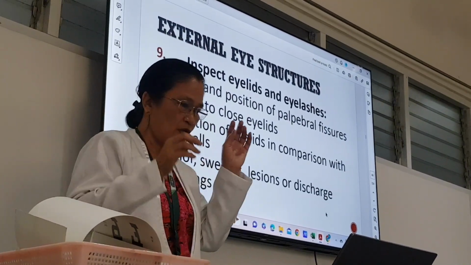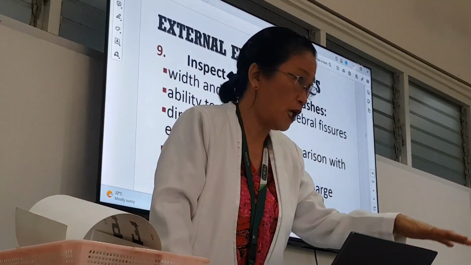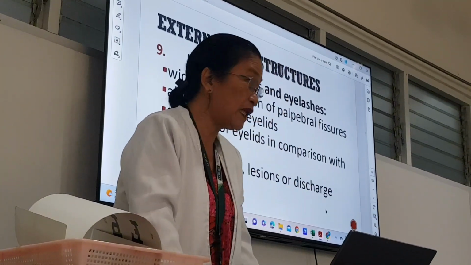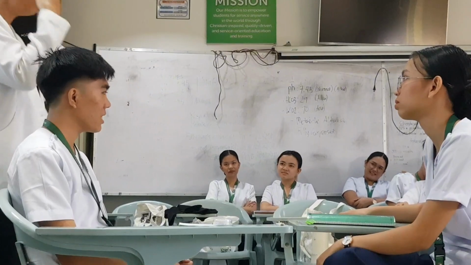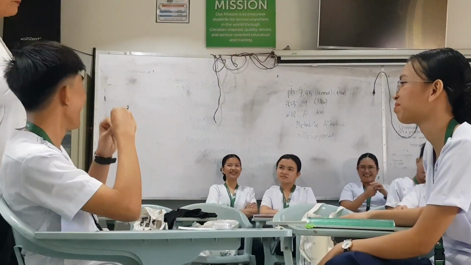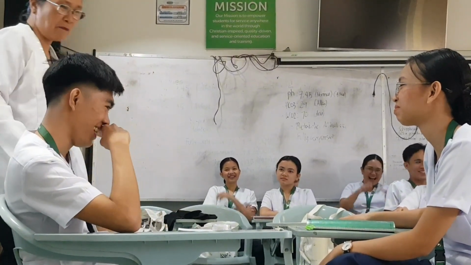So, you are now going to inspect also kung ability to close eyelids. Tingnan mo nga yung close eyelids mo, Mr. Close your eyes. Anong nakikita nyo? Is it normal ba pag close nyo yung kanyang eyelids?